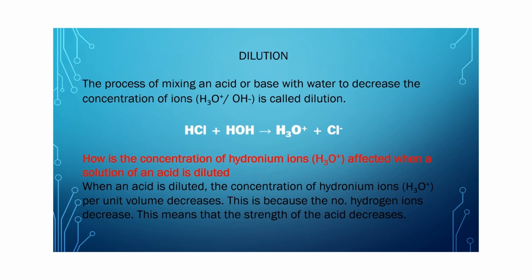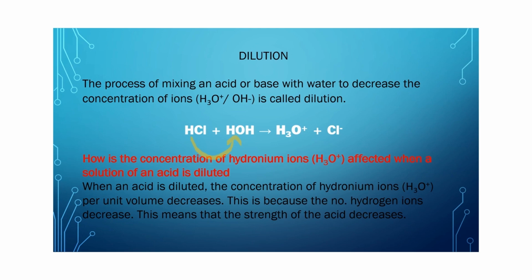The reason is, let's take an example and try to understand this. When water is added to HCl, what happens? This HCl, since it behaves as an electrolyte when dissolved in water, will dissociate into H+ ion and chloride ion. Now this H+ ion cannot exist independently.